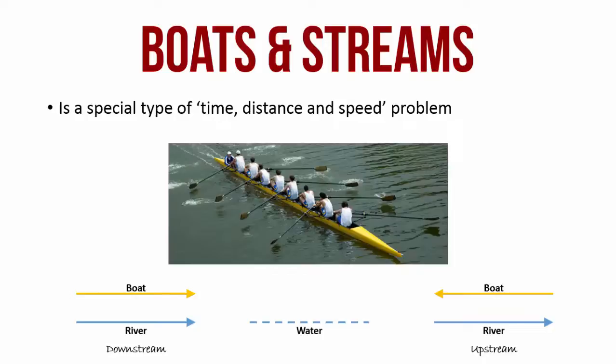Sometimes water isn't flowing, as water would probably be flowing in a river or in a stream. But if you take a lake, the water is stationary, it doesn't flow. In such a case, if a boat is moving on water, it is said to be in still water. That is, the boat has a still water speed. The water isn't moving, so it's not affecting any of the motion of the boat.